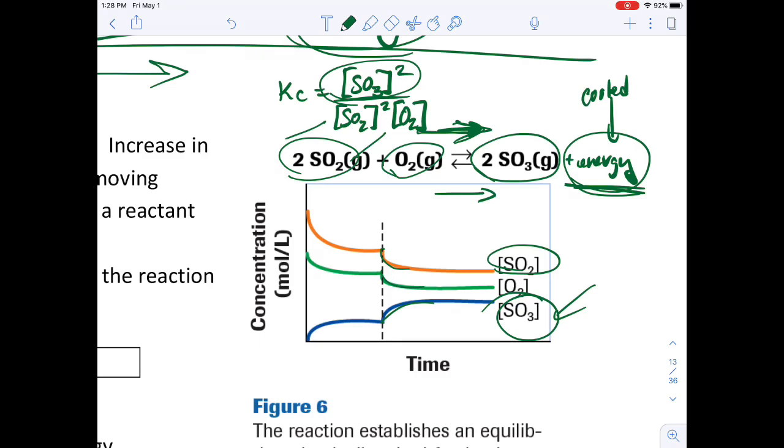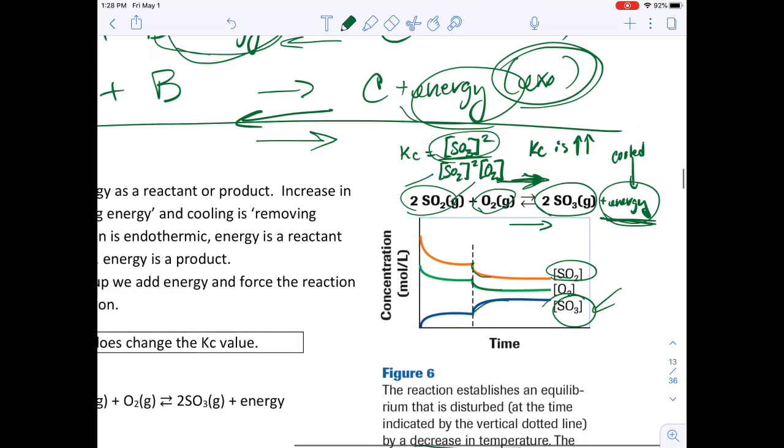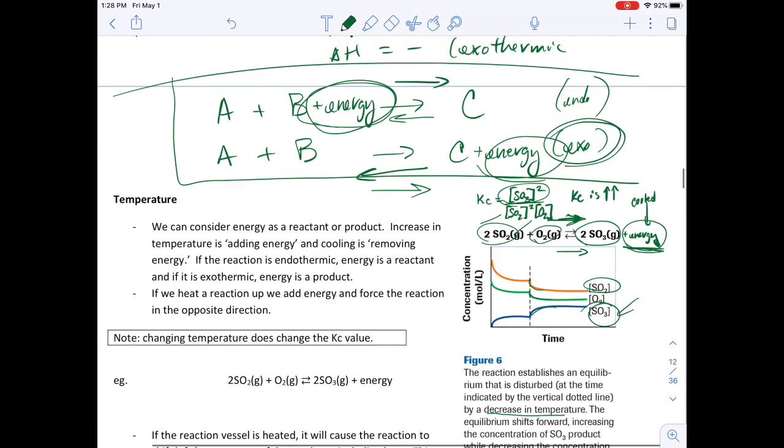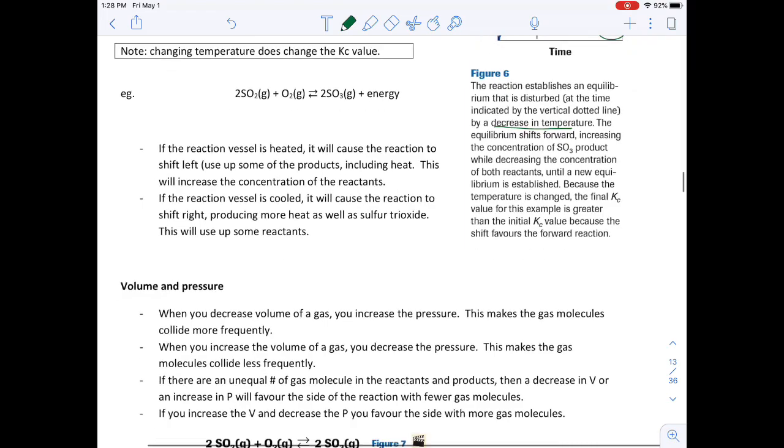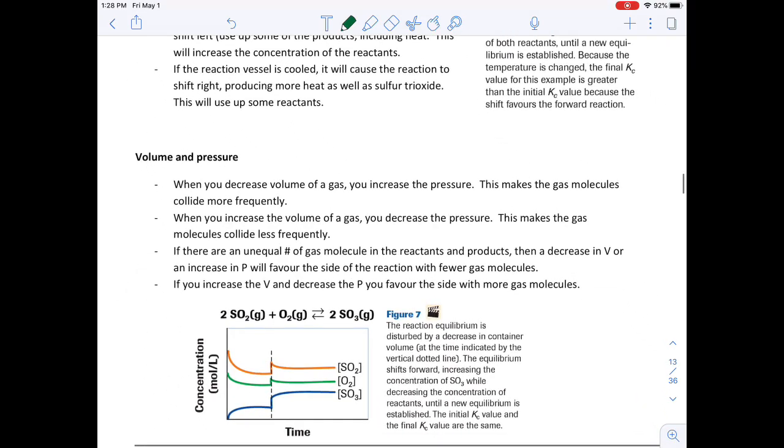Well, I'm making a bigger number in the numerator and a smaller number in the denominator. Kc is increased in this situation because I'm getting more products and also getting less reactants. And so a common question is, does the equilibrium constant increase or decrease in this situation? We'll look at volume and pressure in the next video.